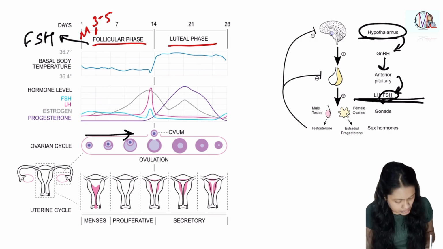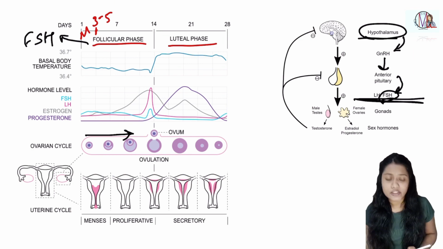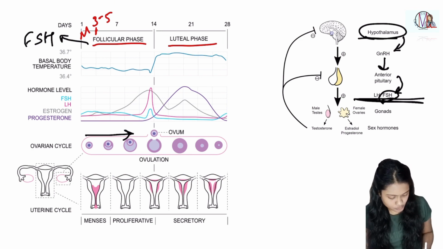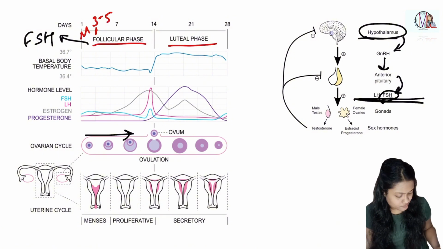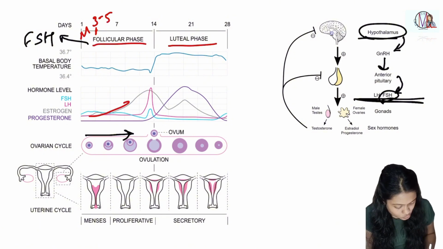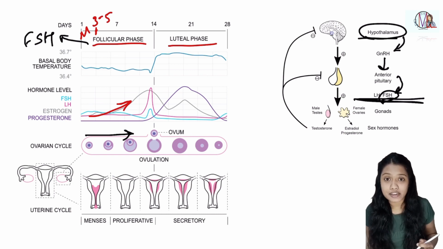Okay. But if you notice here, this estrogen level is also increasing. We know that the FSH level is high during the follicular phase, but this estrogen level is also increasing. How?